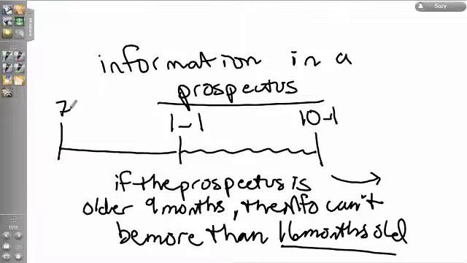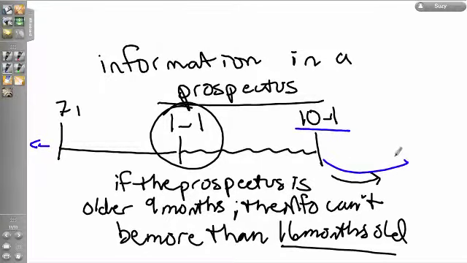Basically, if the financial information being used as of October 1st or later was information from prior to July 1st, so June 30th or earlier, then it would be too old to be used in the current prospectus. So probably just going to be a number question. A prospectus in use for more than 9 months cannot contain financial information more than 16 months old.